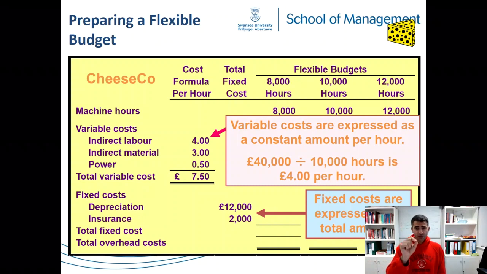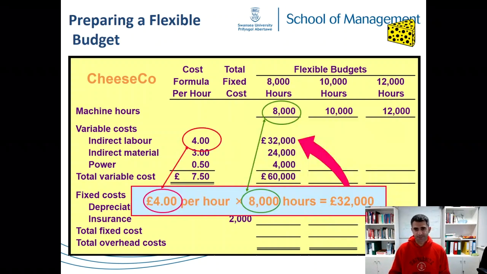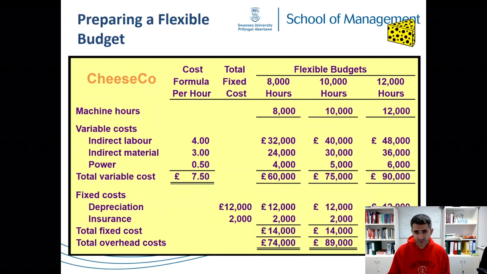Then you multiply that £4 by 8,000 hours, and also by 12,000 hours. But you need to rely first on the 10,000 hours, which is the static budget, in order to calculate the variable cost per unit. And this is the final figure here, as you see.